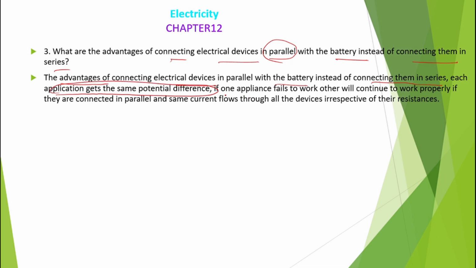If one appliance fails to work, the others will continue to work properly if they are connected in parallel, and the same current flows through all the devices irrespective of their resistances.